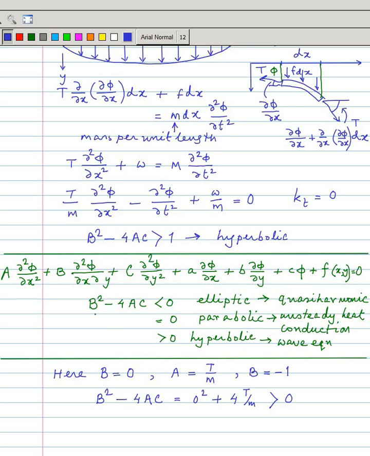So b is 0 here, a is T by m, and c is minus 1. So b square minus 4ac is 4T by m, which is greater than 0, which shows that this is a hyperbolic equation. So propagation problems are actually hyperbolic problems.